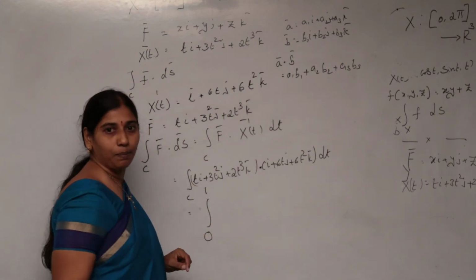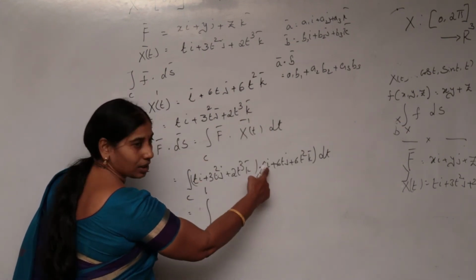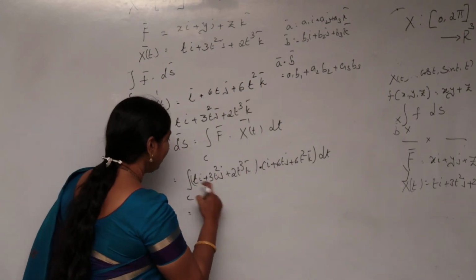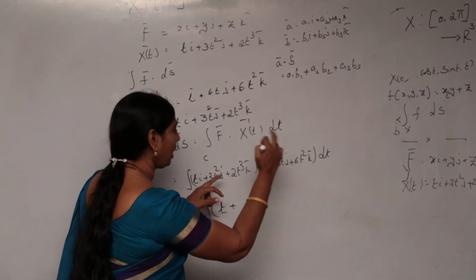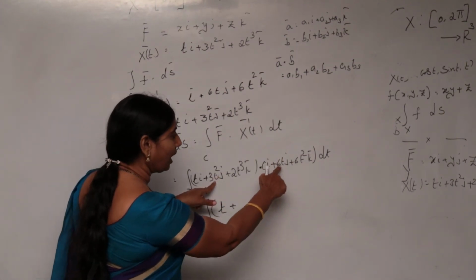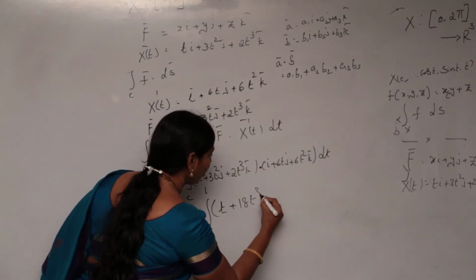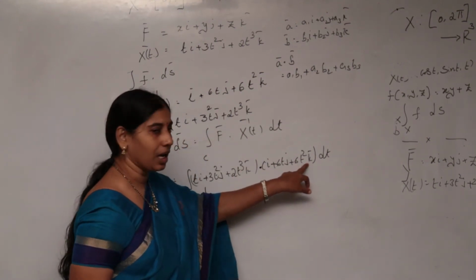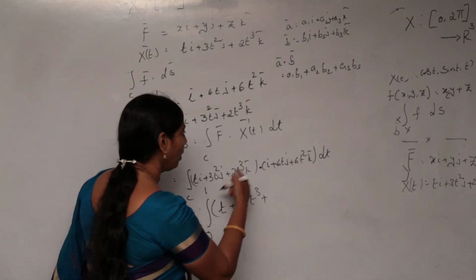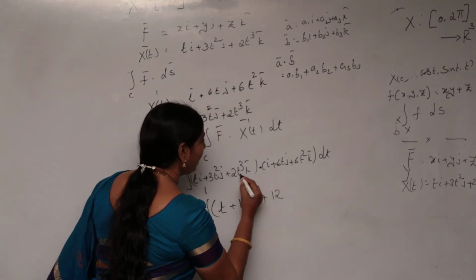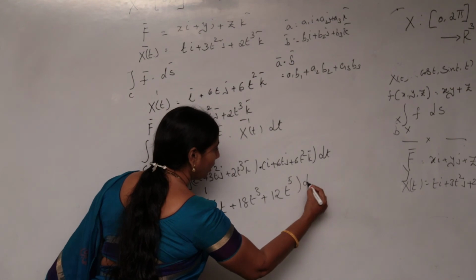So using that particular formula, what we get is, this is i dot i, so 1, so this is t, plus j dot j 1, 3t square times 6t, 3 sixes 18 t cube, plus k dot k 1, so 2t cube into 6t square, 2 sixes 12, t cube into t square, t to the power 5, dt.